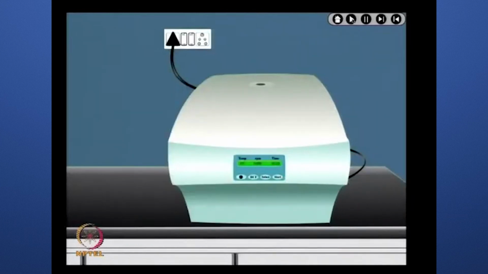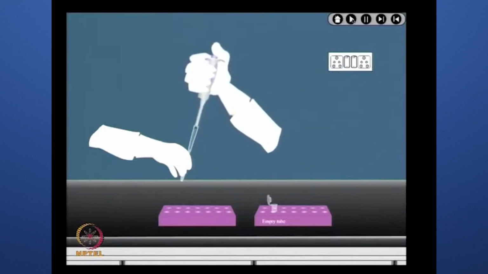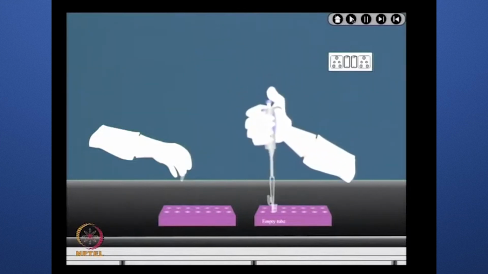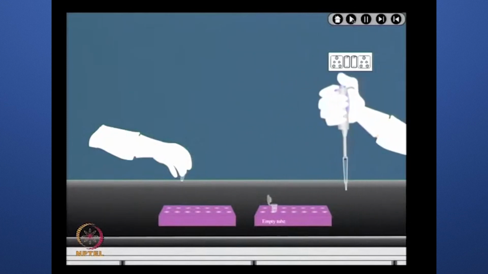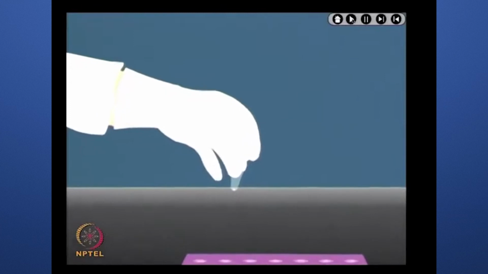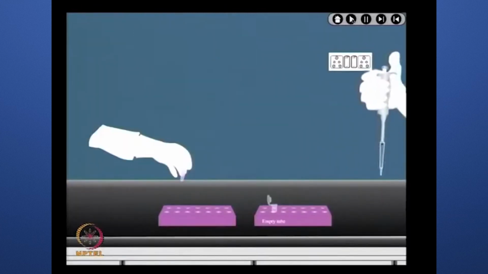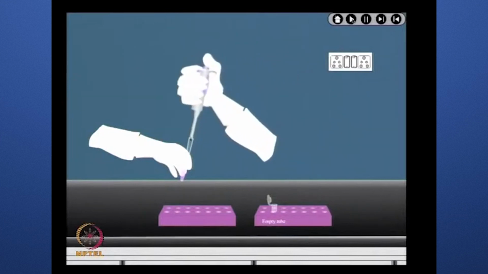Centrifuge the mixture at 12,000 rpm for 15 minutes at 4 degrees to precipitate the DNA. To the clear pink layer, add 4 volumes of chilled acetone and keep it at minus 20 degrees for 20 minutes.